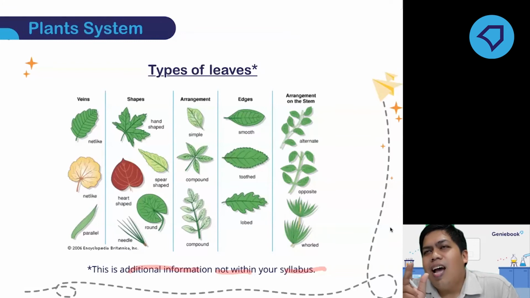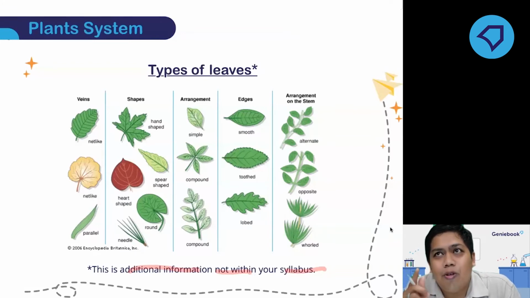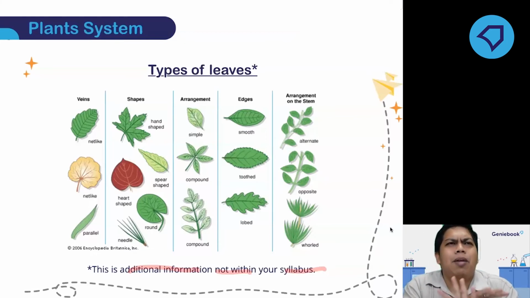Tiny openings on the underside of your leaves is definitely in your syllabus. You must know. The exchange of gases is also definitely in your syllabus. About this type of leaves, like I mentioned just now, it's not in your syllabus, but it's good for you to know that there are many different types of leaves in this world.